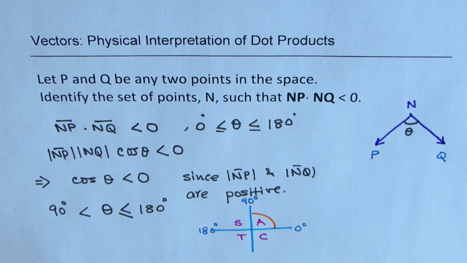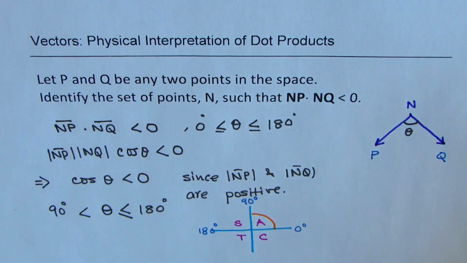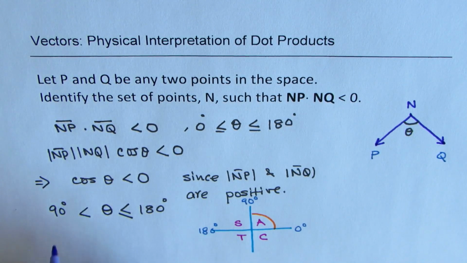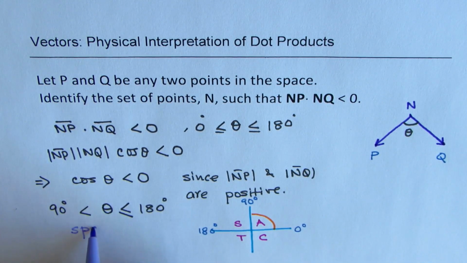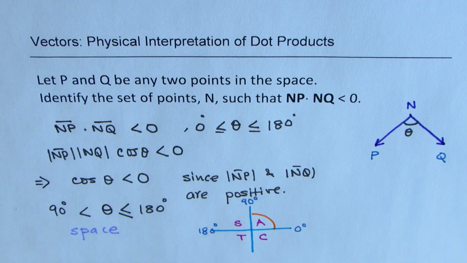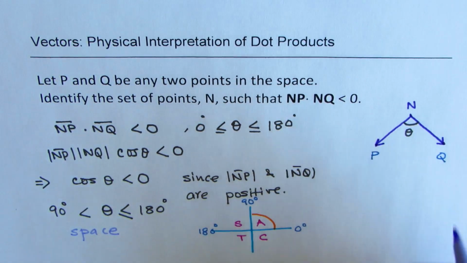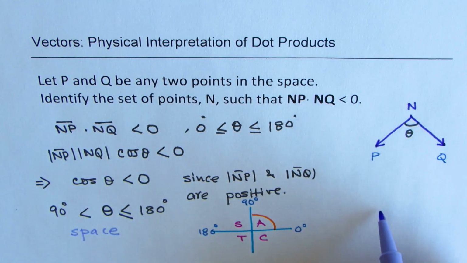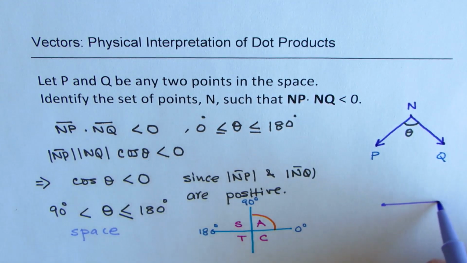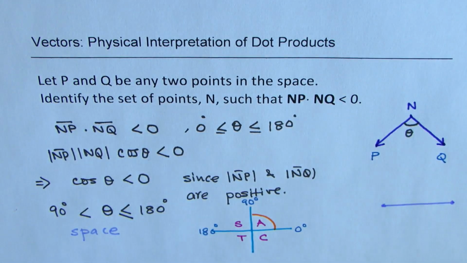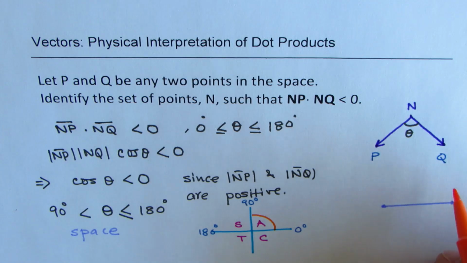Now that helps us to find the angle theta, but how do we relate it to the space problem, right? How does that relate to the space? That is kind of important to understand. For that relation, what you could think about is something like this. If you consider the points P and Q as diameter of a circle, let's do it in 2D first to understand the situation.